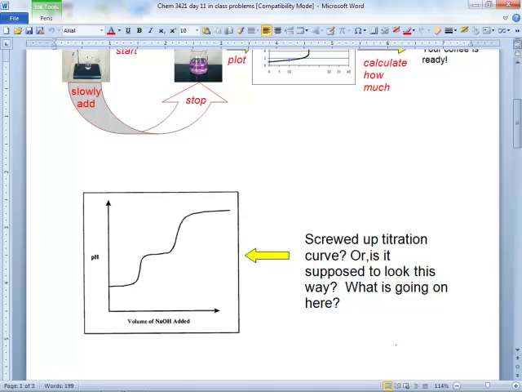Especially if you're doing pH, it starts out flat, then the pH might be going up a little bit, but not very much. Then all of a sudden it skyrockets, and then it flattens out again, kind of goes up slowly. That's usually what they look like. But here it looks like you have two big bumps. Did they screw up?